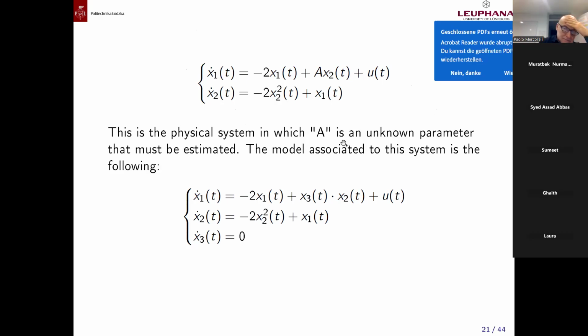The parameter A is an unknown parameter that must be estimated. So we repeat a little bit the concept of the estimation of a parameter, and because of the presence of this parameter A to be estimated, we have another nonlinearity now here, because if I augment A as a state, this means the derivative of A, which we called here x3 dot, equals 0, we have another nonlinearity here.